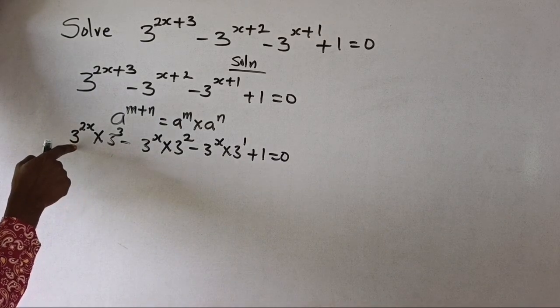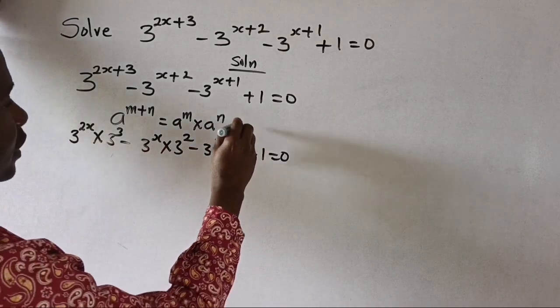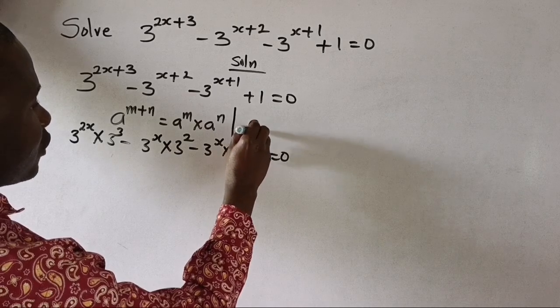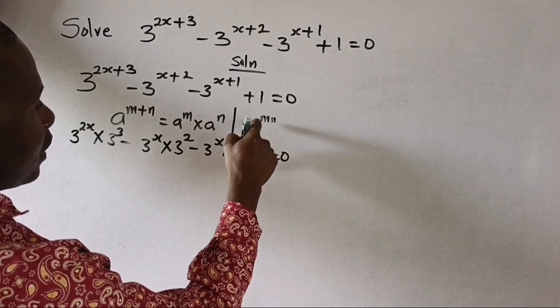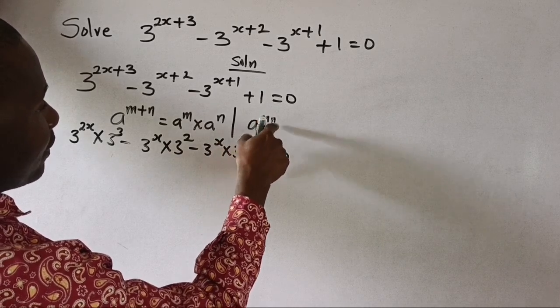Now this can be written using another law of indices. When you have a raised to power m, raised to power n, that is a raised to power mn.